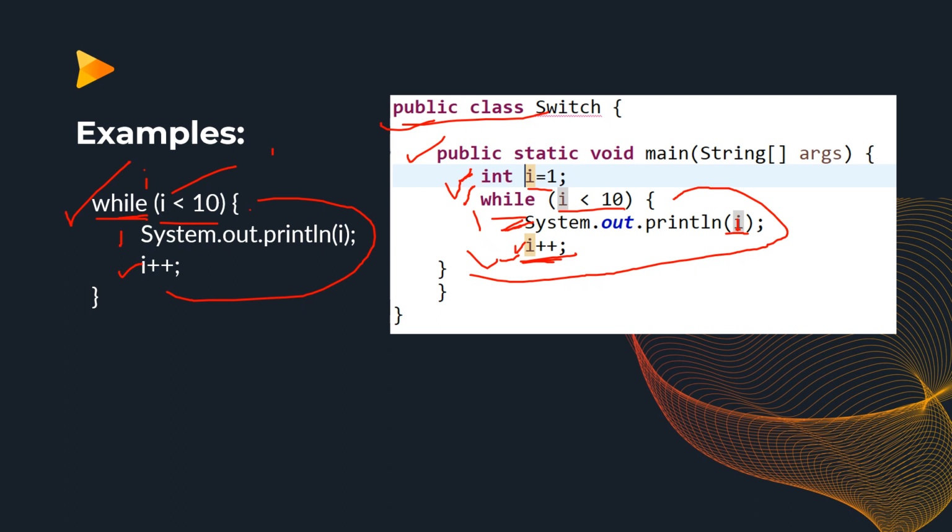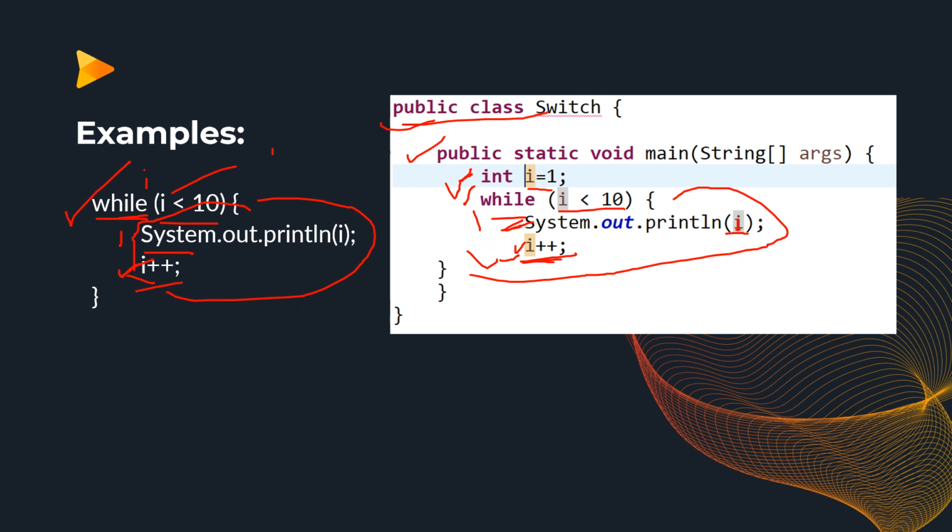Yes, i is less than 10, so it will go into these brackets, print the value of i, which is 1, and after that increment the value of i.